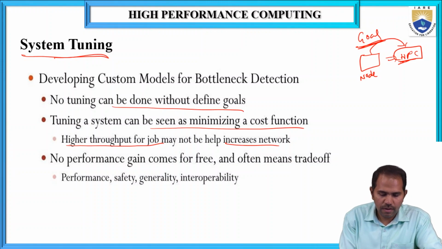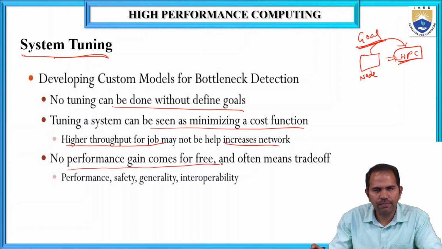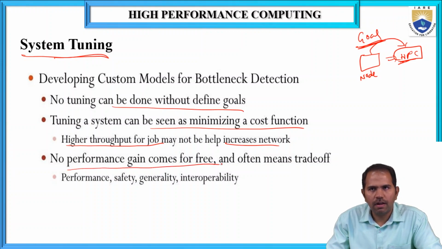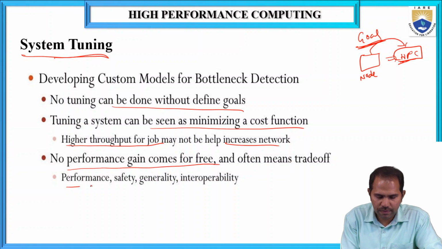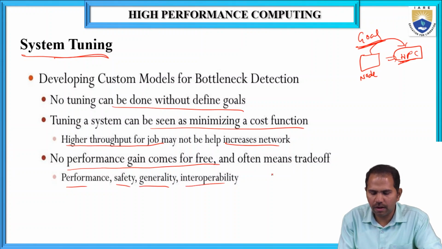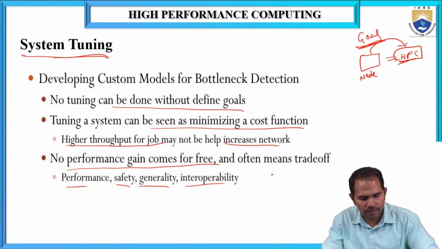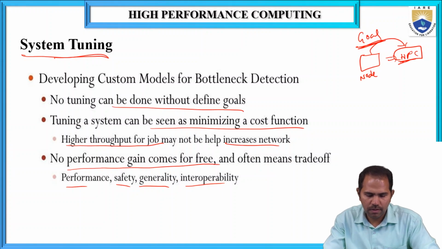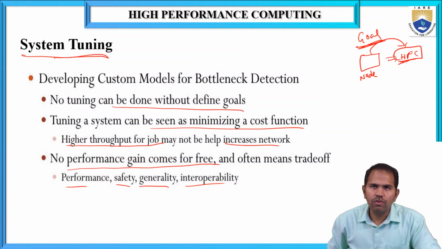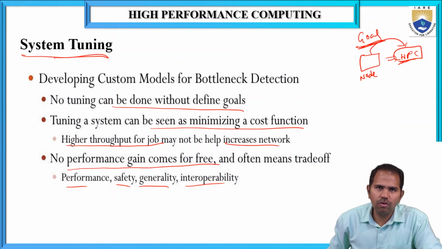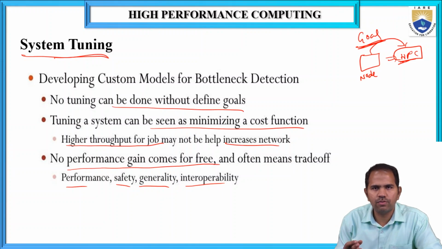And second thing, no performance gain comes for free. It often means a trade-off: performance, safety, generality, interoperability. These are the things with no performance gain comes for free. So tuning is nothing but setting a goal, and based on the goal, the node has to be tuned properly.